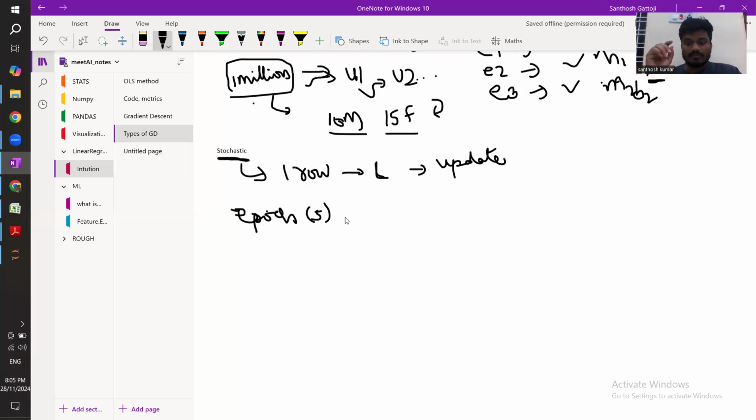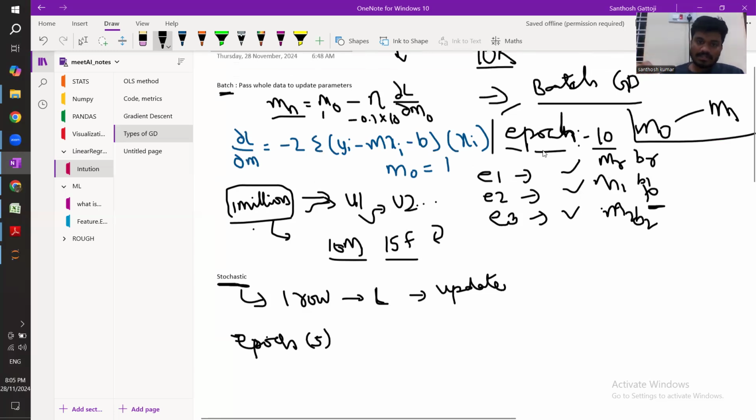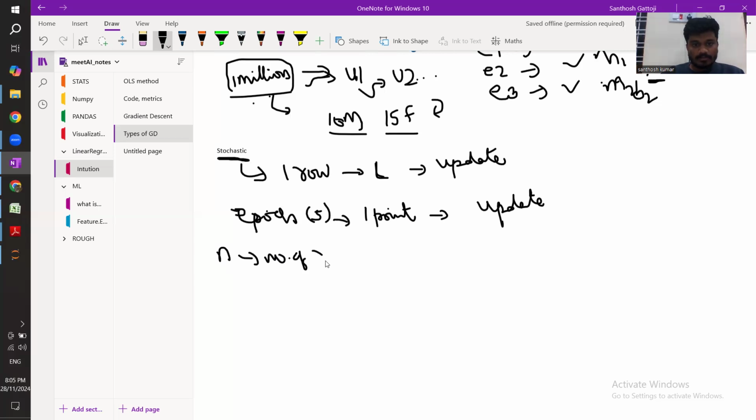Earlier, in each epoch we considered the whole data set and calculated the loss. But here, interestingly, in each epoch we take only one point at a time, check the loss, and update the parameter values. We will do this n times, where n is the number of rows.